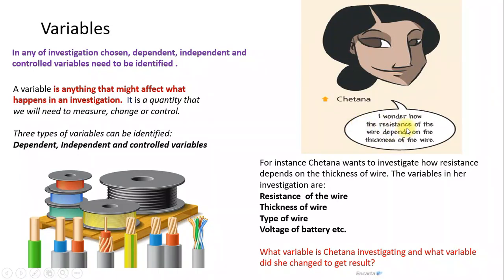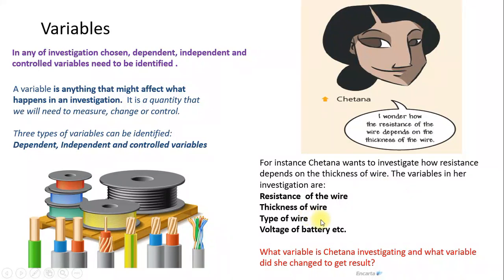So the resistance here is the variable we need to observe or we need to measure, while the thickness of the wire here is the variable we need to change.